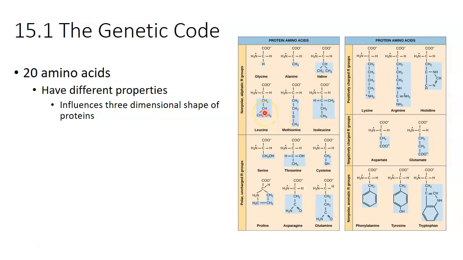And you can see that we can group the amino acids based on this side chain. So for example, side chains that don't have any really polar atoms or highly electronegative atoms are going to be considered non-polar.